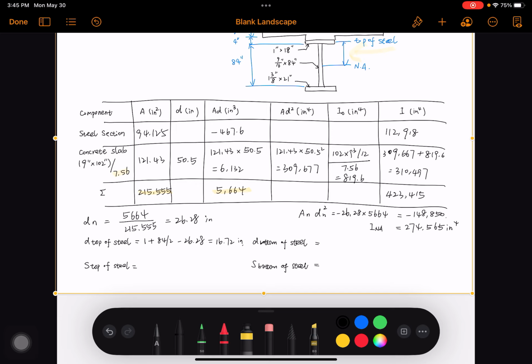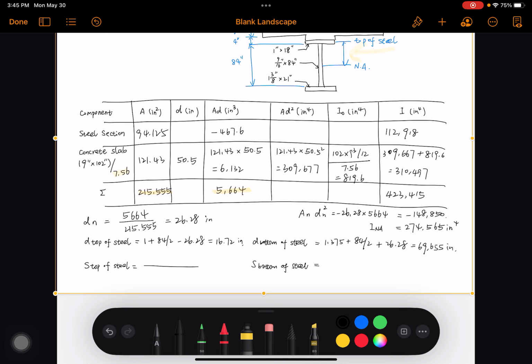The bottom of steel is 1.375 plus 84 divided by 2 plus 26.28, which equals 69.655 inch.